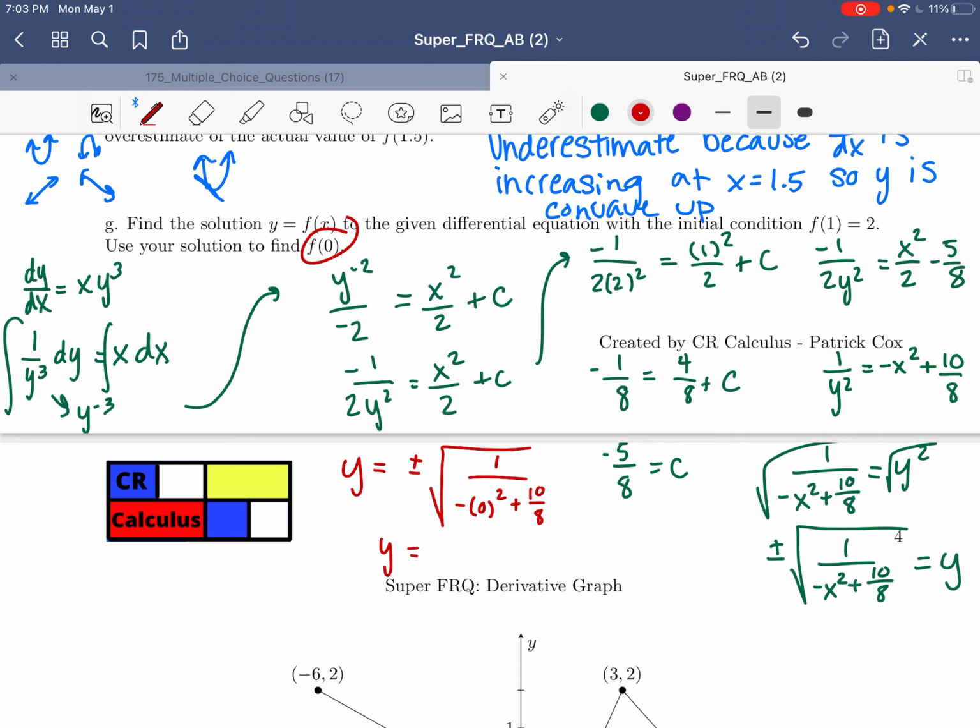And I'm not even going to try to simplify this. It just equals plus or minus square root of 8/10. So f of 0 is approximately plus or minus square root of 8/10.